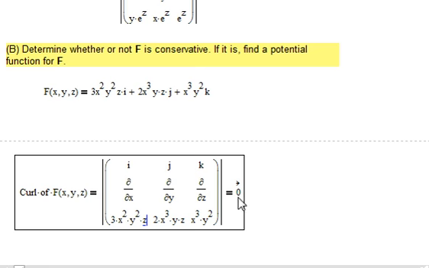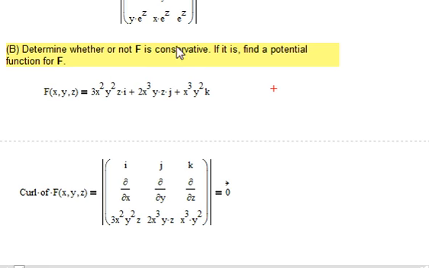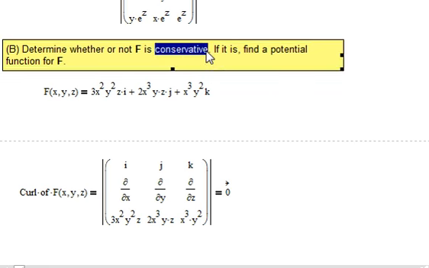So again, we get 0. Okay, so it is a zero vector, therefore it is conservative.